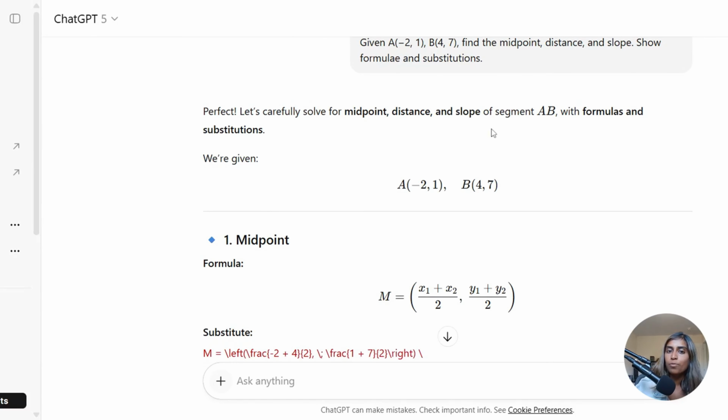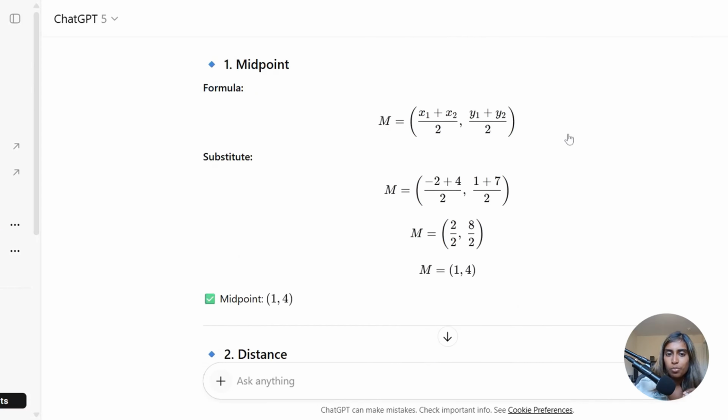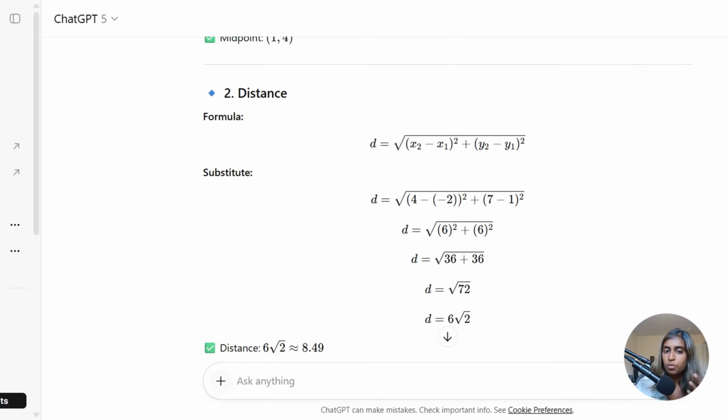So carefully solve for midpoint, distance, slope, beauty, and it gives you step by step too. And here's the advice: whenever you're learning formulae, ask ChatGPT to restate the formula, then substitute numbers. That repetition cements the structure in your memory. So make sure you always ask it to restate the formula and then change the numbers.